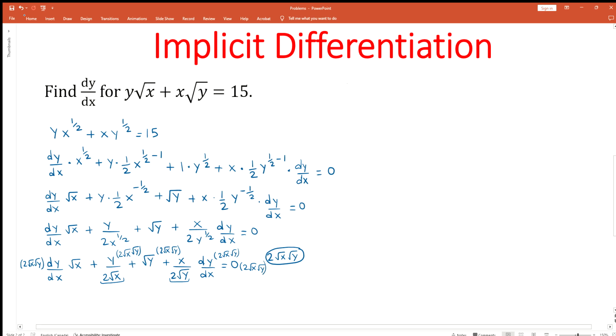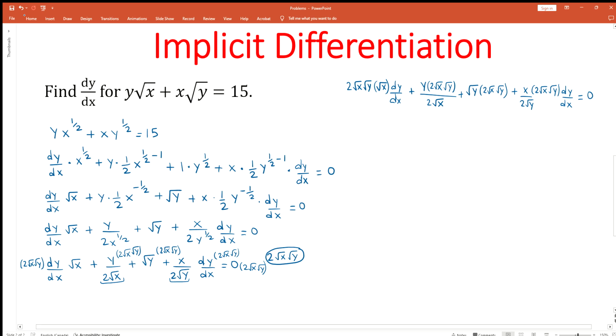I get 0 times 2 square root x square root y is equal to 0.